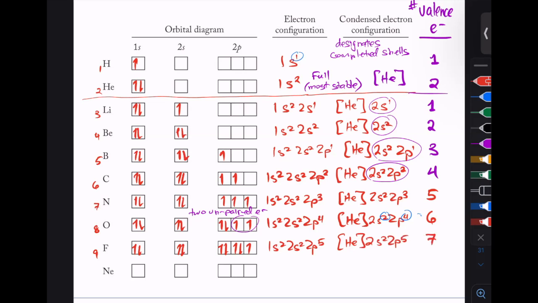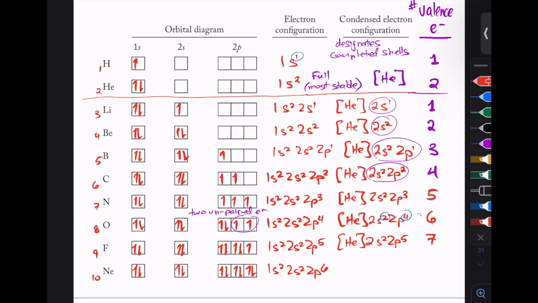It's not until we get to neon that everything is full, okay? With 10. 1, 2, 3, 4, 5, 6, 7, 8, 9, 10. So 1s2, 2s2, 2p6. That's now full. So I can write the condensed form 2 different ways.